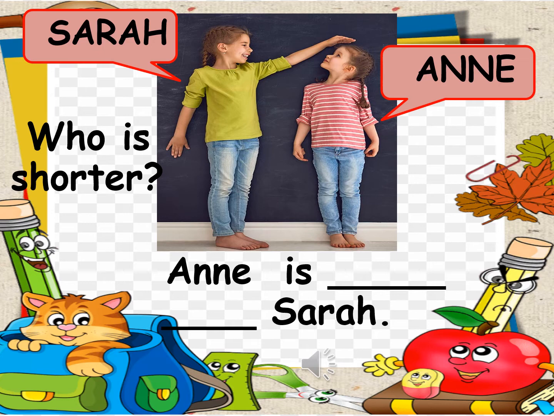Look at their heights. Okay, follow this sentence. Anne is... Yes, that's correct. Anne is shorter than Sarah. Very good.